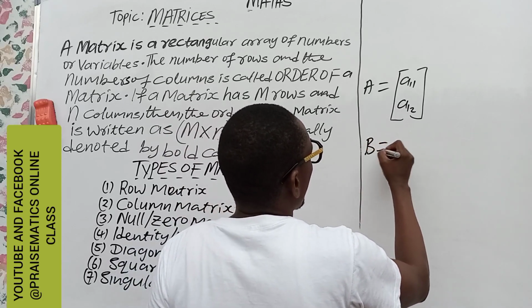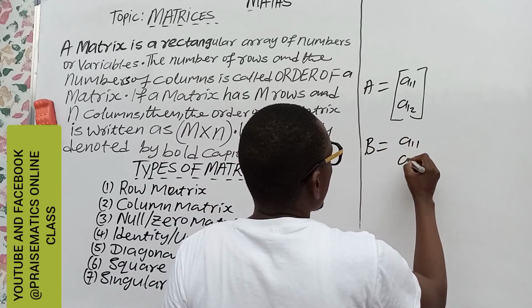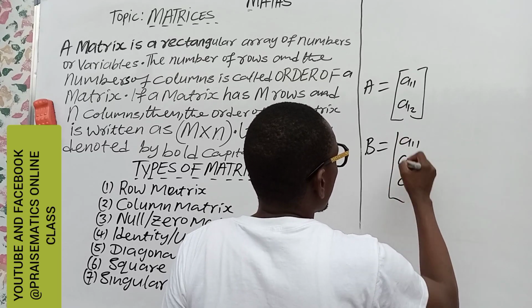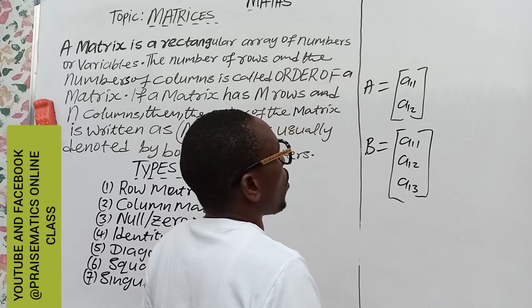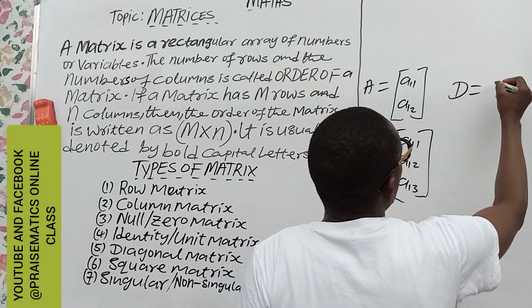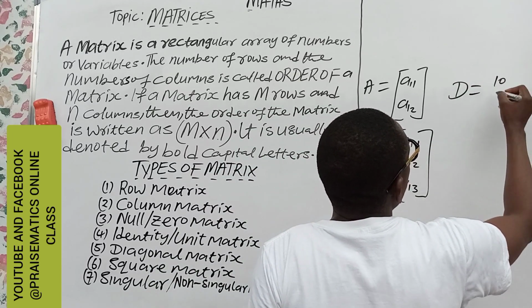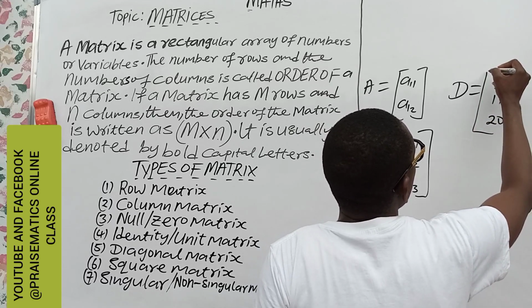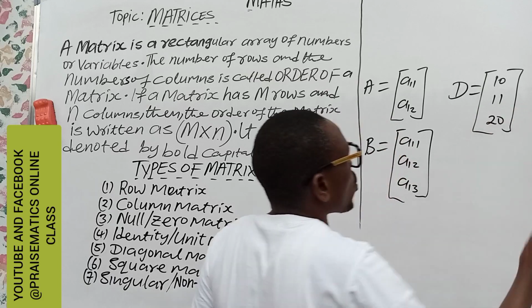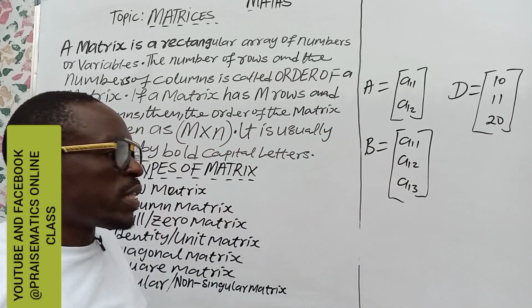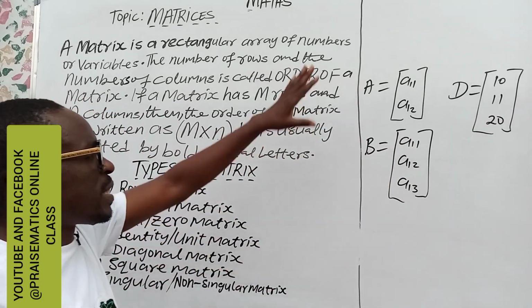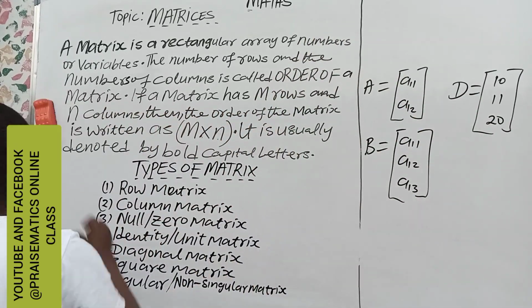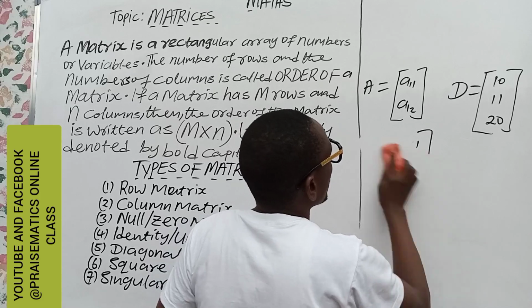Or B equals A11, A12, A13, or D equals 10, 11, 20. Any matrix that is of this form is called a column matrix.